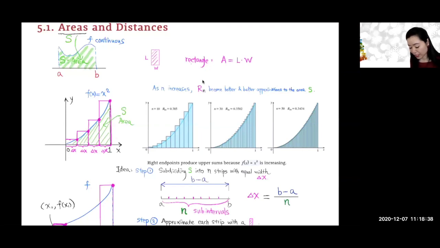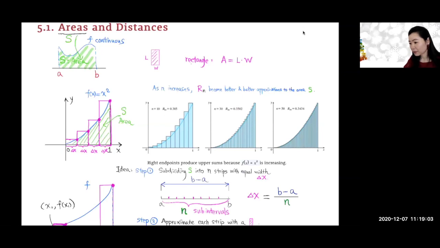Over here, I slice it. From 0 to 1, I divide it into 4 subintervals, each with equal width, delta x. For each slice, I approximate it by one rectangle. When I sum up the areas of those rectangles, that will be an approximation to the area under the curve.